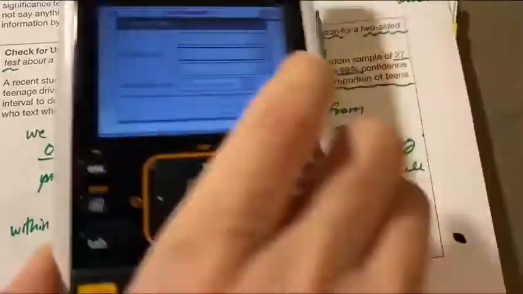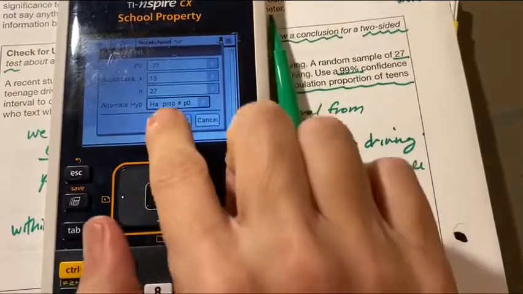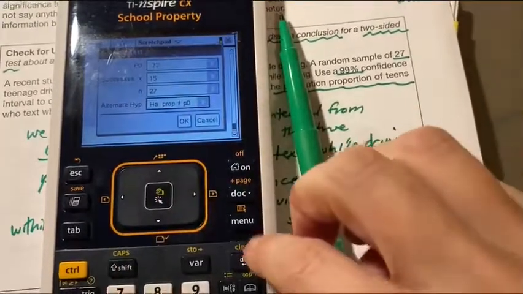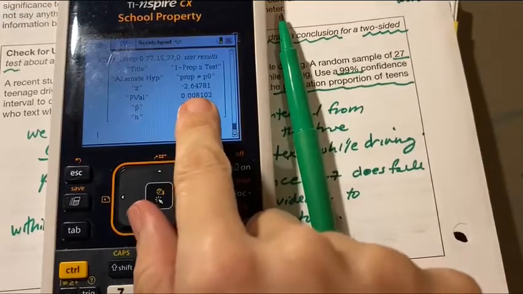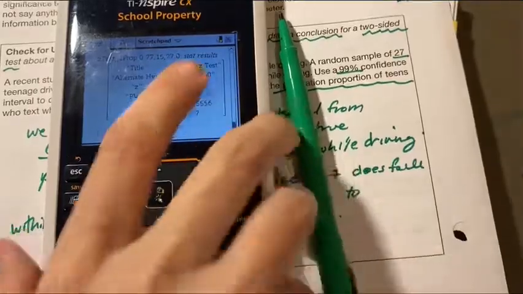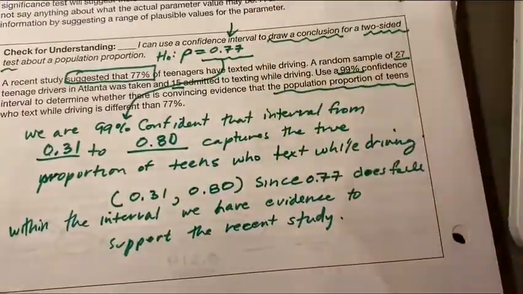And again, our successes were 15 out of 27, and a two-sided test means you leave it like that. So when I hit enter, notice that I get a low p-value. So you're going to reject the null hypothesis. So this is kind of a way using both tools to get to the same conclusion.